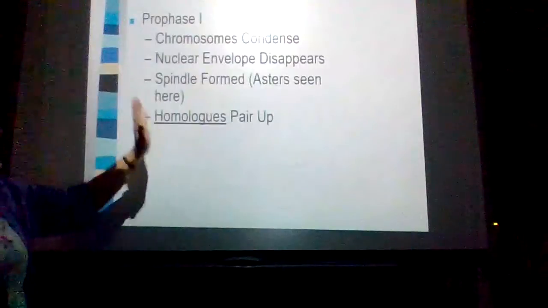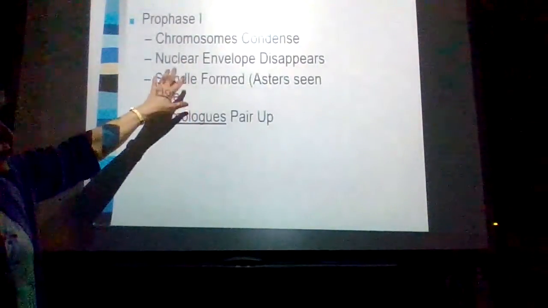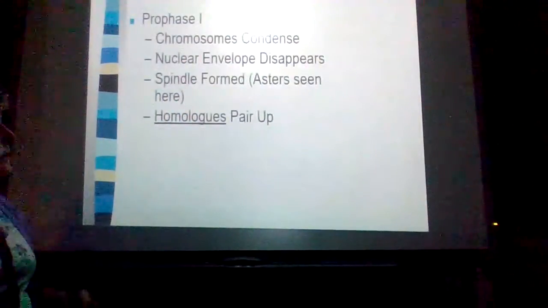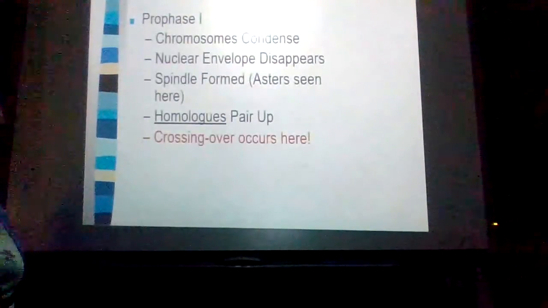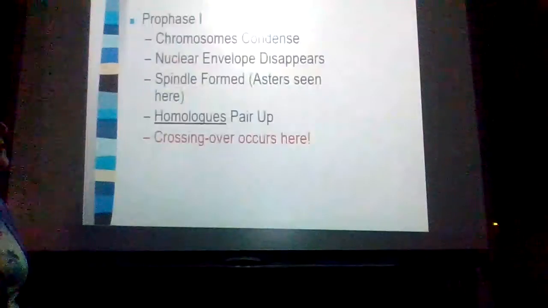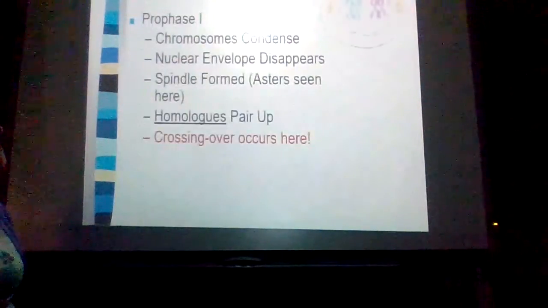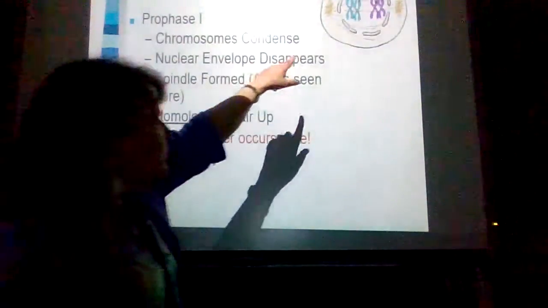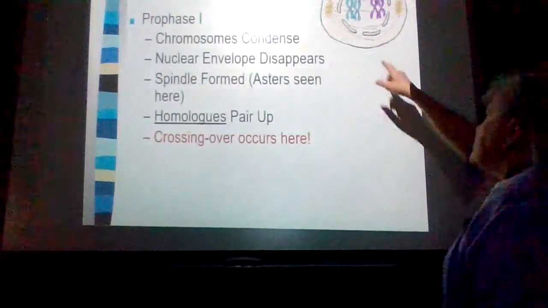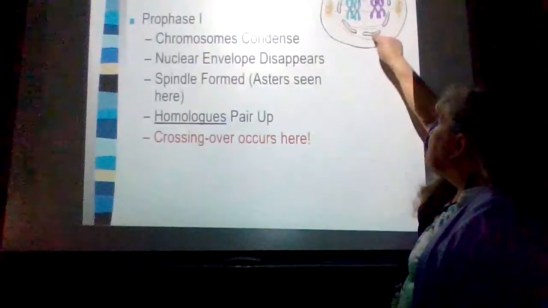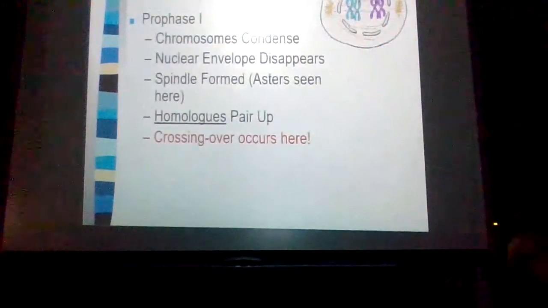So my chromosome from mom, my chromosome from dad are going to find each other, and they're going to pair up. And crossing over occurs here, and I'll talk about that in just a second. But you can see in the picture up here how our blue chromosomes have matched up, how our purple chromosomes have matched up. We can see our nuclear envelope is breaking down. Again, prophase 1.